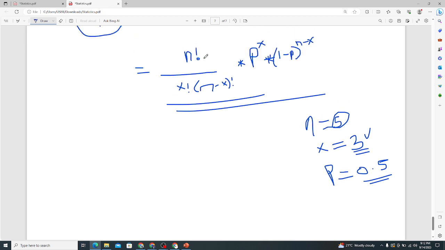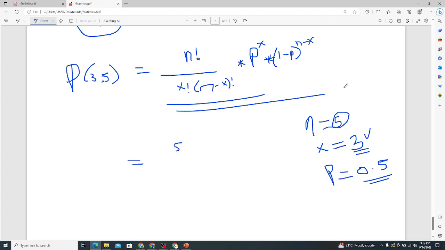So now computing the binomial probability that 3 out of the 5 trials will be a success, it will be equal to 5 factorial.